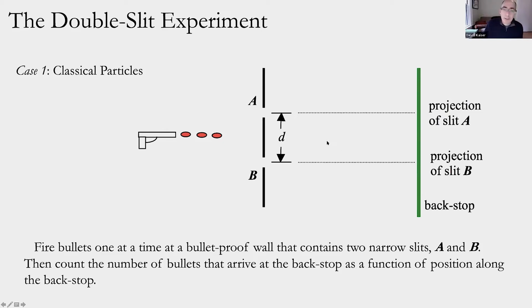We want to figure out the probability distribution: where are bullets most likely to wind up on this backdrop when either one slit is open, the other slit is open, or both are open. That's our exercise with classical objects like baseballs, or in this case, bullets fired from a gun.